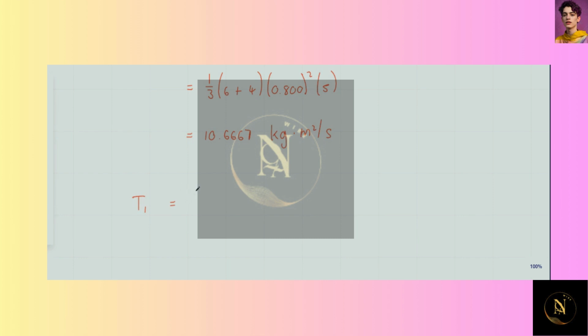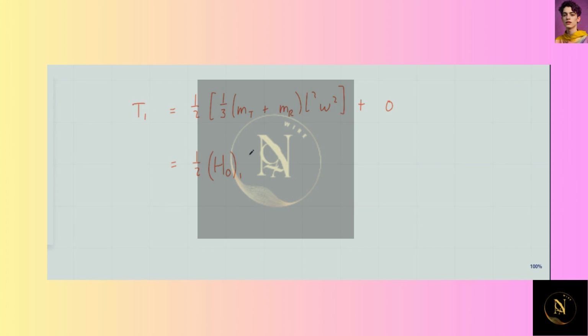The kinetic energy T1, remember we're just using our equations that we found above. That's a half times 1 over 3 times mt plus mr, times L squared omega squared, plus 0, since mr/vr squared is just 0. So that's a half times HO in state 1, the angular momentum about O, times omega.